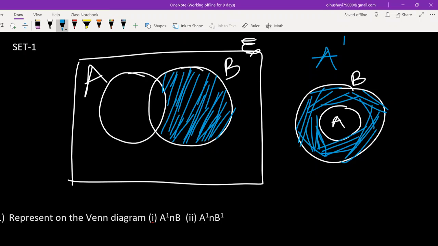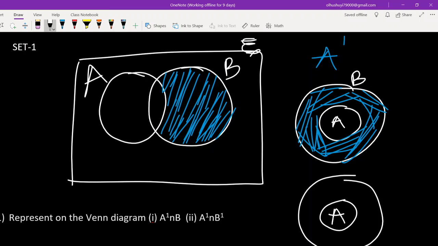We have other ones. You can have A union B shaded. You have A union B. Let me use this. This is A, this is B. A union B means everything in A and B. Union means everything in A, also in B. Every element you can find in both.